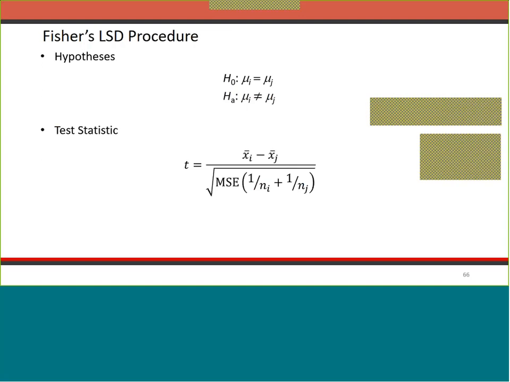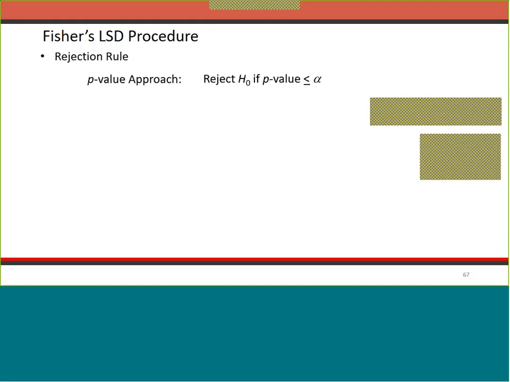The null hypothesis is mu_i equals mu_j for a pair of means, and HA is mu_i not equal to mu_j. In this case, the test statistic t is given by x̄_i minus x̄_j divided by the square root of MSE times (1/n_i plus 1/n_j). The rejection rule for the p-value approach is reject H0 if p-value is less than or equal to alpha.